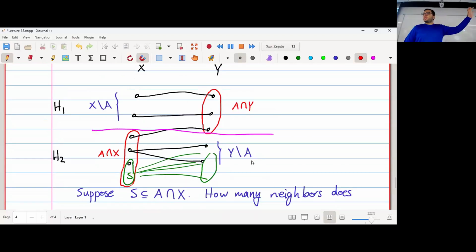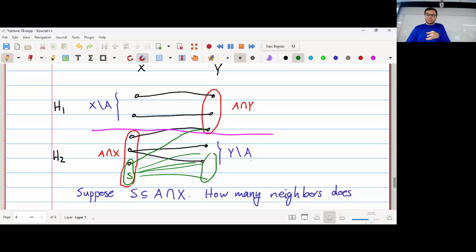Just go back to the original graph for a second. What is S covering in the original graph? S is covering these edges that are going from S to its neighbors here. Maybe I also have an edge like this, but that edge is already covered by a vertex here on the right side. So if I remove the vertices in S, the only edges that are not covered anymore are the edges between S and its neighbors down here.